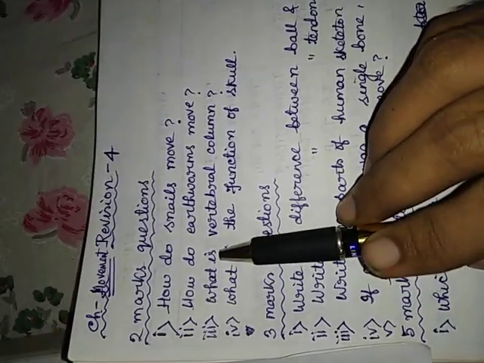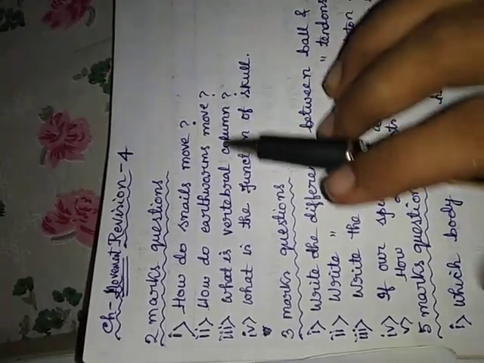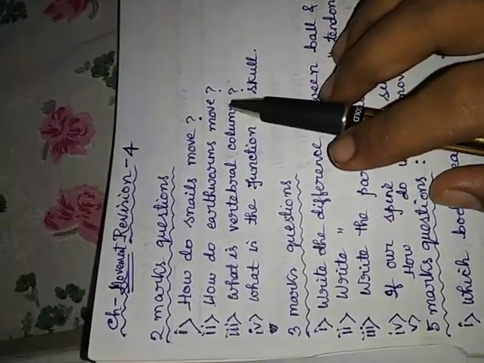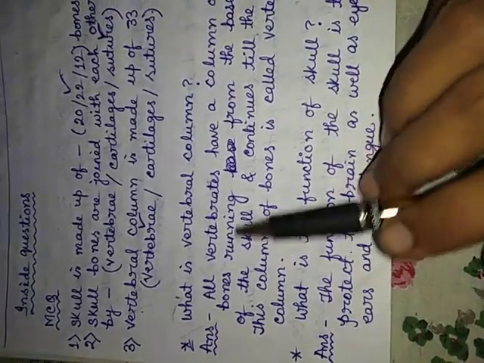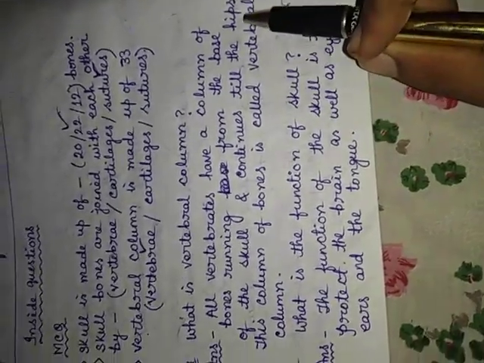The question is given, what is the vertebral column? In the human skeletal system the vertebral column is present. All vertebrates have a column of bones running from the base of the skull and continuing up to the hip.